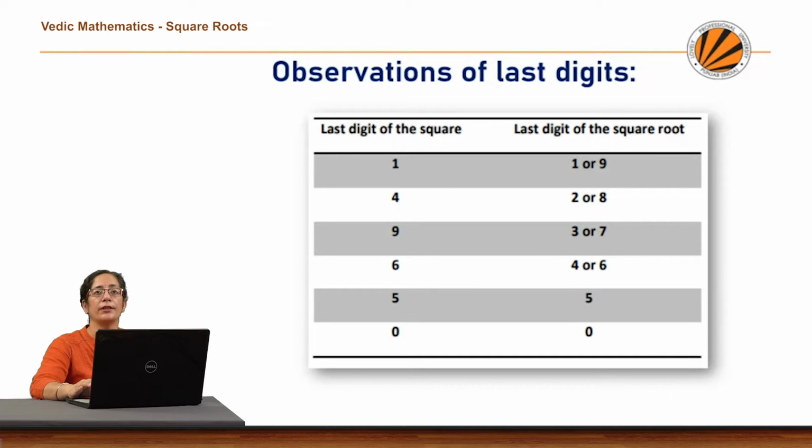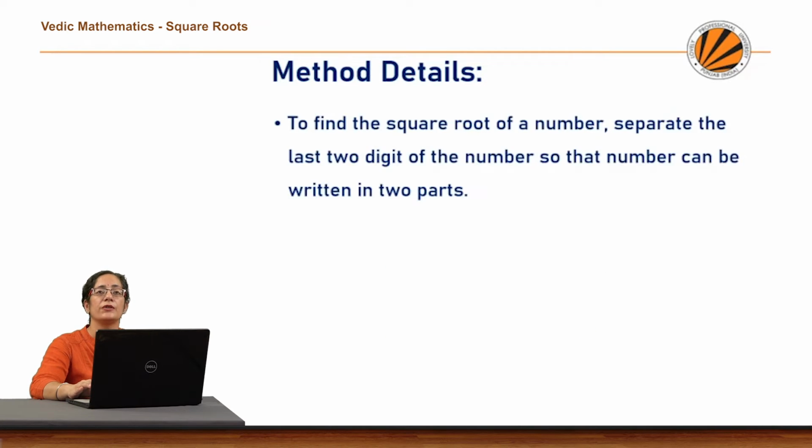So depending upon the last digit of a square, we can find the last digit of the square root, because this method is based upon observation. Let's see the method in detail. To find the square root of a number, first we separate the last two digits so that the number can be written in two parts.